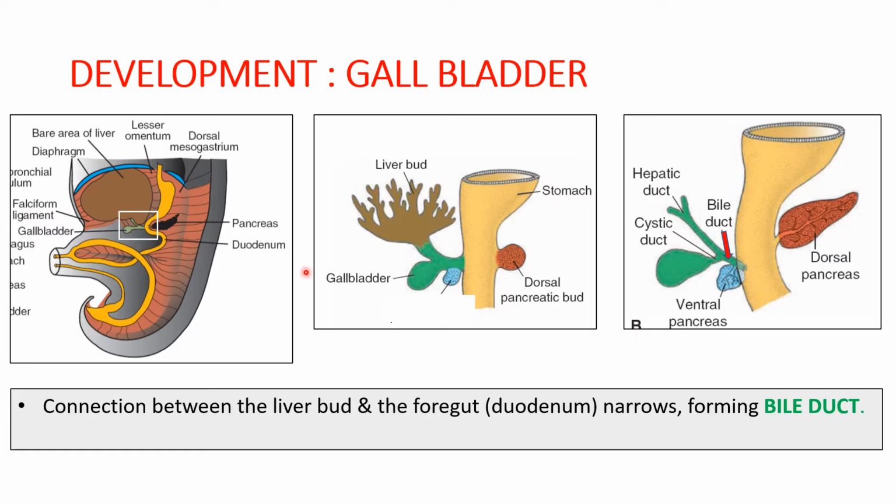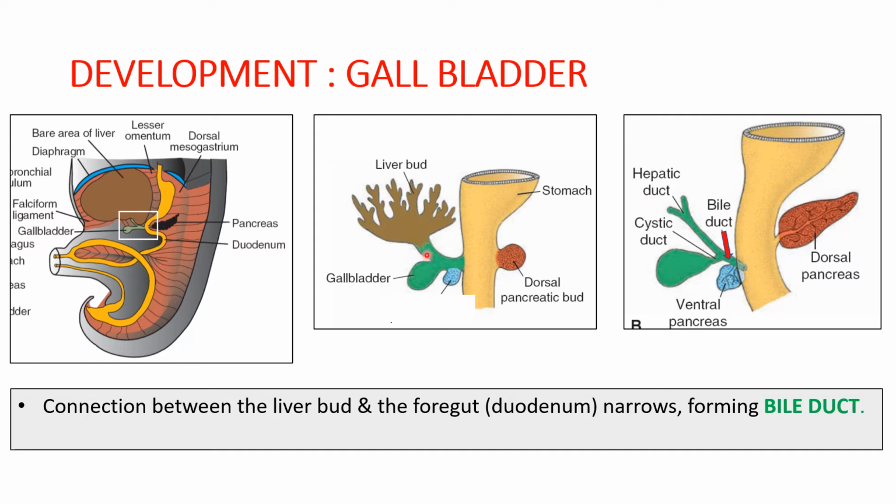Now, after finishing the liver, we know that the liver was developing as the endoderm outgrowth from the region of foregut, that is from the duodenum. The extrahepatic biliary apparatus also takes its origin from the same position. Actually, what happens is the connection between the liver bud and the foregut, which part of the foregut?